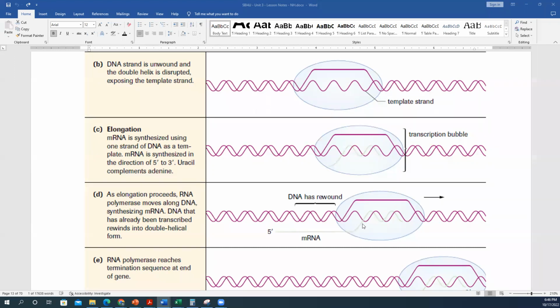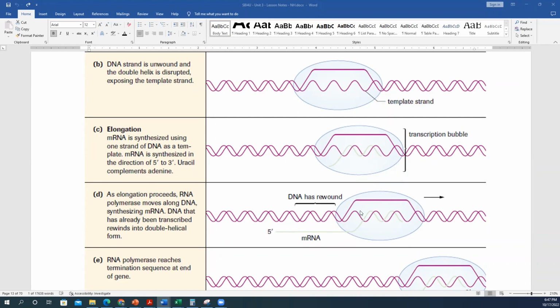So if you think about it, since this mRNA is being made in complement to that template strand, then really the code that you would read on the mRNA strand would be the same as not the template strand, but what is complementary to that template strand, or the coding strand.